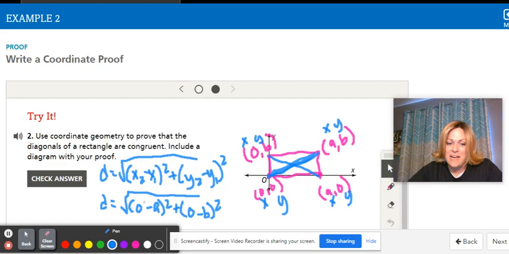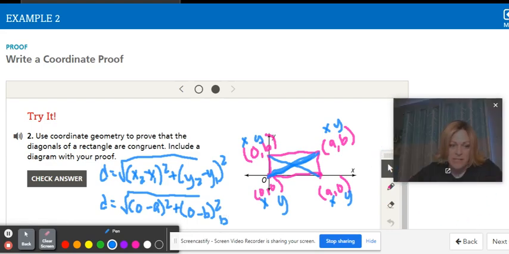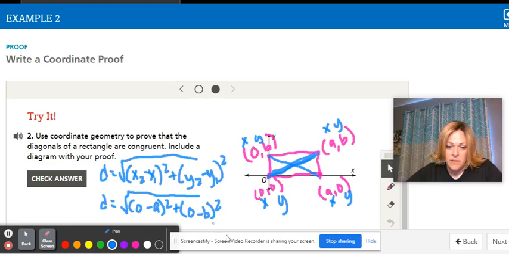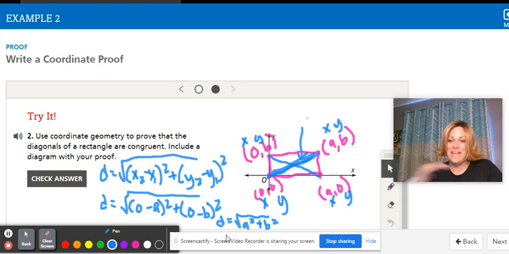So I'm going to end up with a negative a squared plus a negative b squared. Let me scoot this up just a second. So the distance equals the square root of a squared plus b squared. That's the distance of that diagonal.